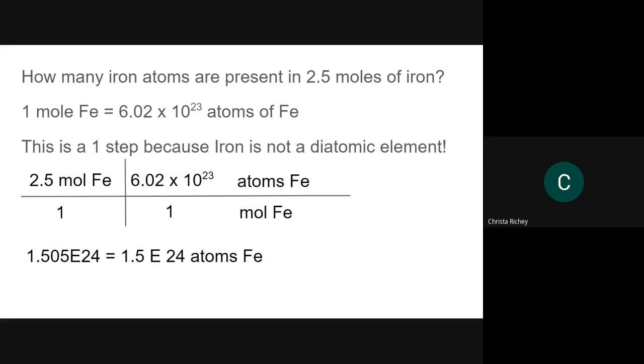It's like saying 1 foot is 12 inches. Don't they mean the same? They're the same length. Well, 1 mole of iron is 6.02 times 10 to the 23rd atoms. They're equal, which is why I can flip them around, because anything divided by itself is 1, which does not affect the problem.